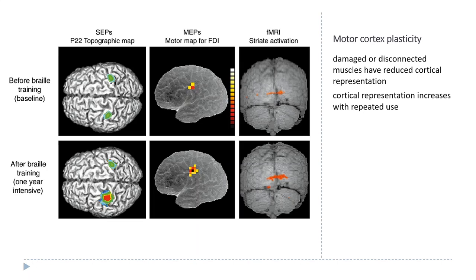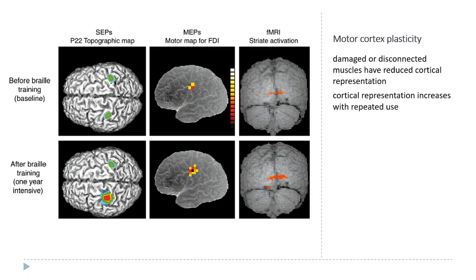So here what they did is they recorded, this is a functional MRI image from some brain. These are averages of multiple people. And they looked at what was going on in their brain when they were reading Braille, and the little green areas represent the parts of the brain that were active while they were doing this task.